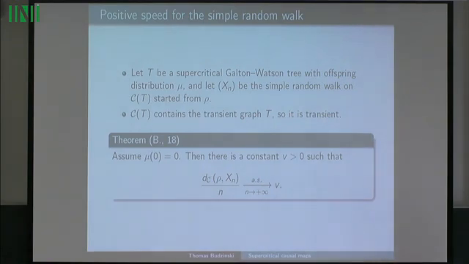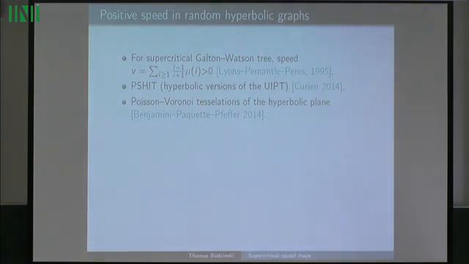Okay, so before explaining the ideas of the proof, let me sum up some results about positive speed in random hyperbolic graphs. There are already some models where positive speed is known.